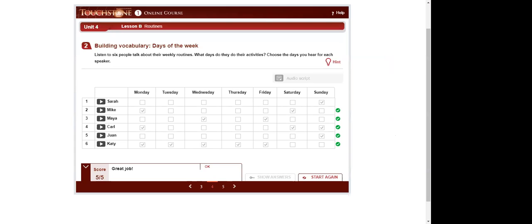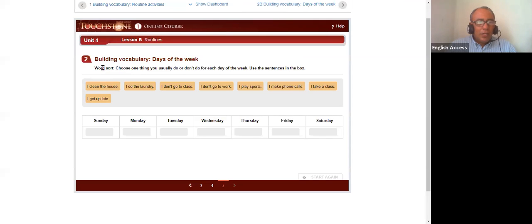It says, building vocabulary, days of the week, word sort. Choose one thing you usually do or don't do each day of the week. Aquí tienes que poner qué es lo que no haces. For example, on Sunday, do you get up late or don't go to work, do the laundry, clean the house?